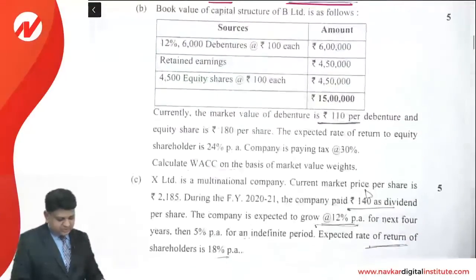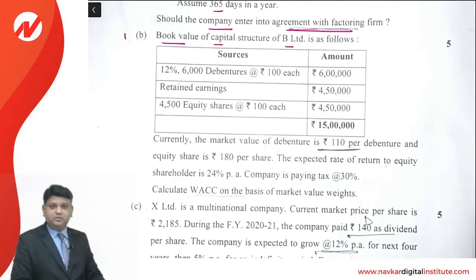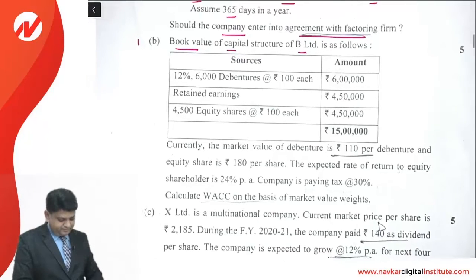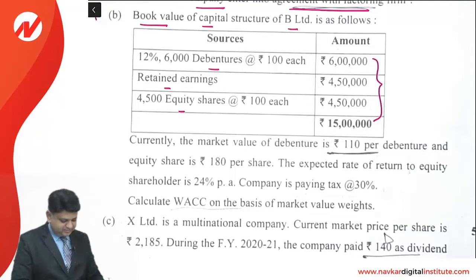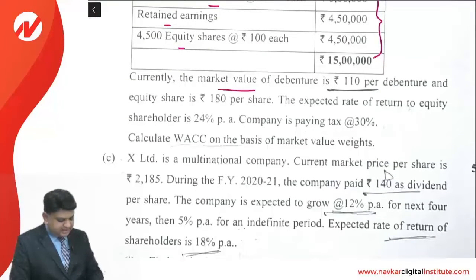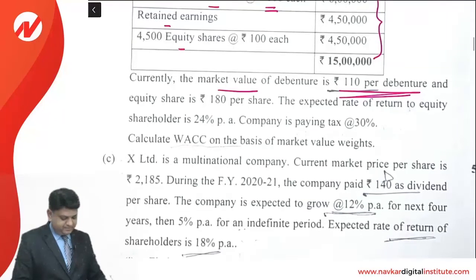Next question, question number 1B. Book value capital structure of B Limited is as follows. There are three sources of finance provided to us: debentures, retained earning and equity shares. Currently, the market value of the debenture is 110 rupees per debenture. It has a face value of 100, but market value is 110.